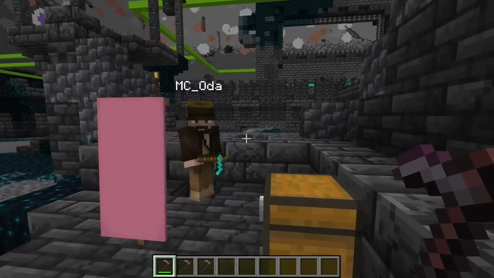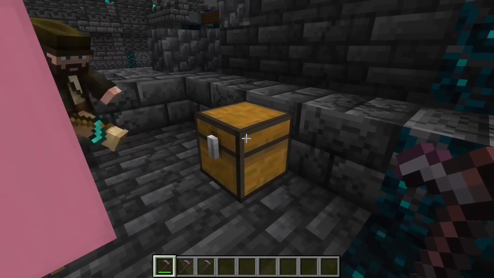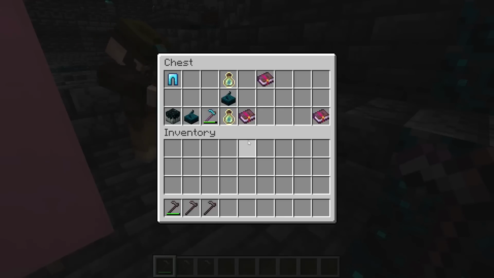A lot of these buildings here have a chest. Notice those? Yep. Open that chest and look at it. Don't take anything out. Do you notice anything interesting about the way that the items are laid out?